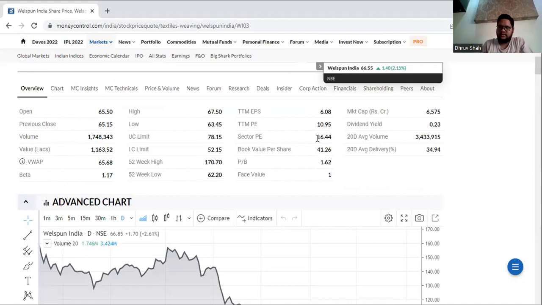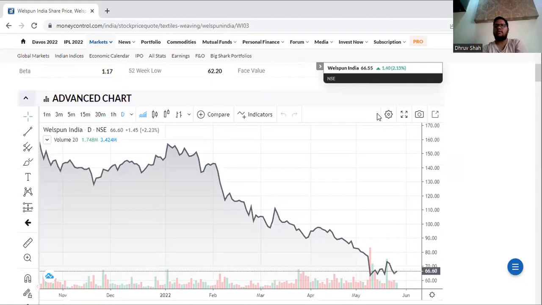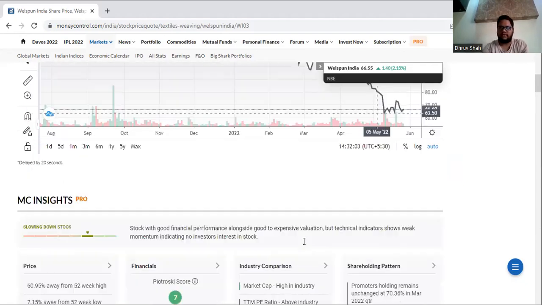What does this mean? 16.44 multiplied by 6.06, the answer that comes is the actual value the stock must be trading at as compared to its peers, means what is happening in the sector. Ignore it as of now. We'll move ahead, then you will be able to correlate everything.